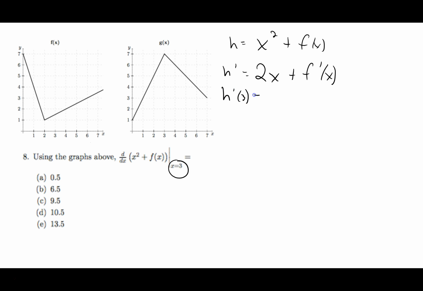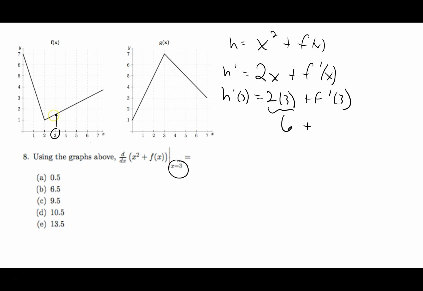All right, I can plug a 3 into that. 2 times 3 plus f prime of 3. So I'm going to get a 6. And then I've got to go find out what the derivative is at 3. Now this time, we are not at a corner point, unfortunately. The function isn't, at least.